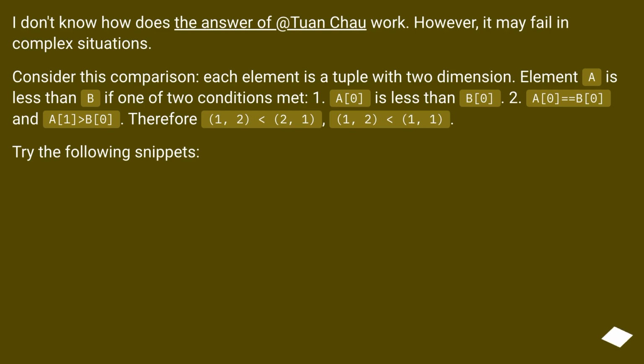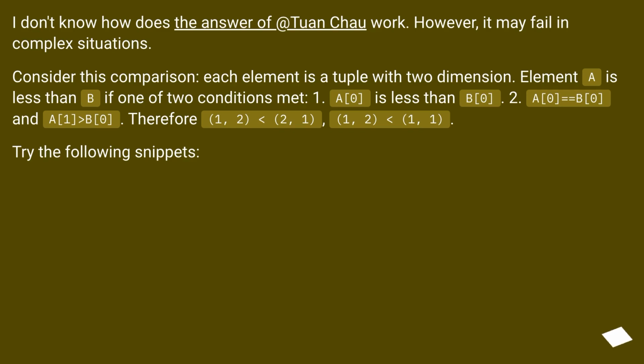Consider this comparison. Each element is a tuple with two dimensions. Element A is less than B if one of two conditions is met. 1. A0 is less than B0. 2. A0 equals B0, and A1 is greater than B1. Therefore, (1, 2) is less than (2, 1), and (1, 2) is less than (1, 1).